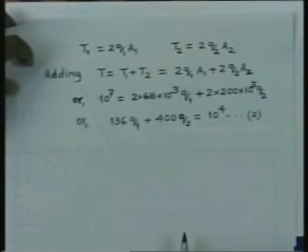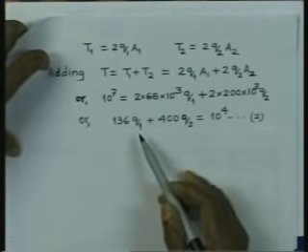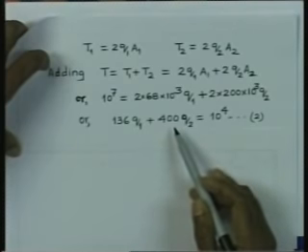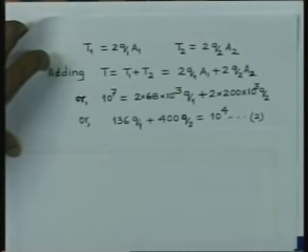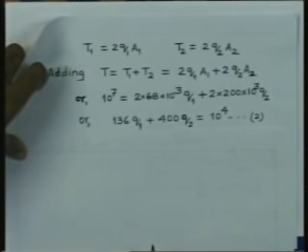Finally, with some simplification, we get the relationship 136 Q1 plus 400 Q2 equal to 10 to the power 4. Let us call that equation number 2, and already we have equation number 1, which is Q3 is equal to Q1 minus Q2.